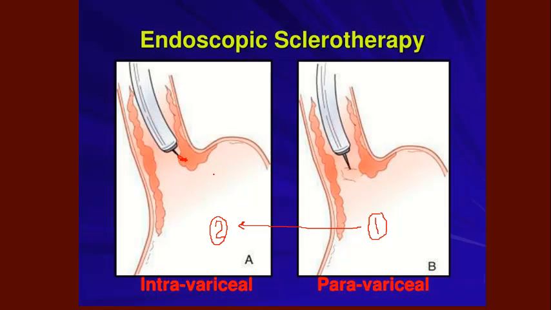Another option is using endoscopic thrombin and diluted adrenaline injection into the varices.